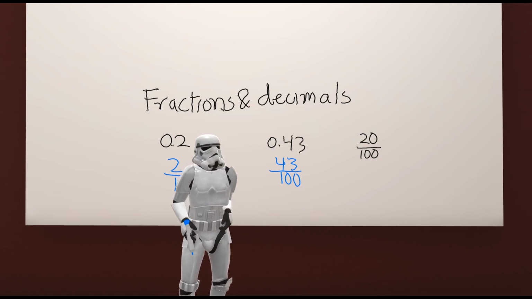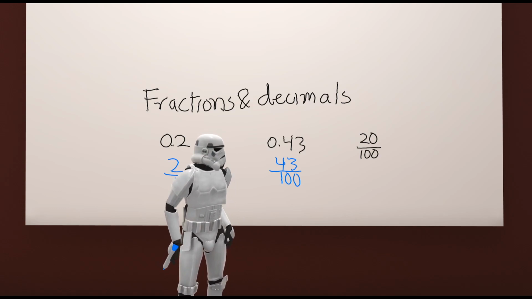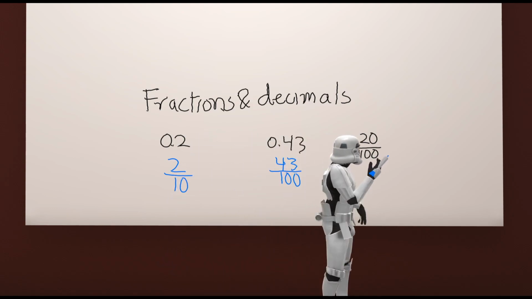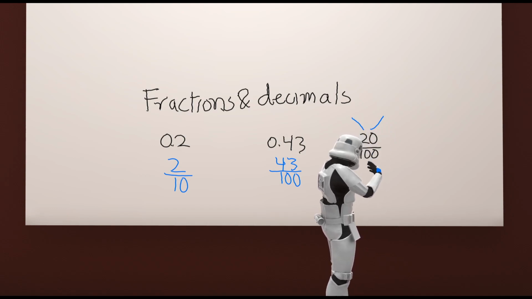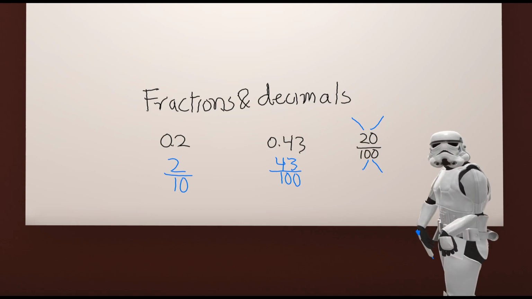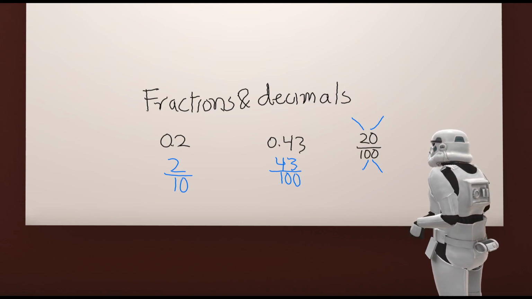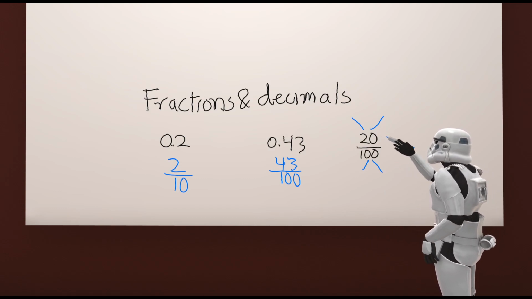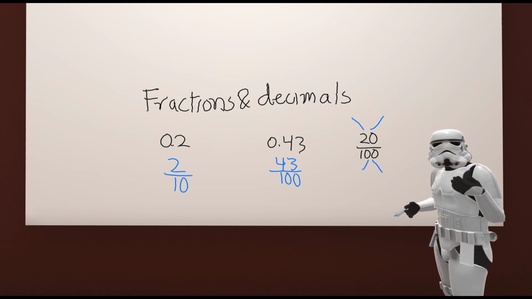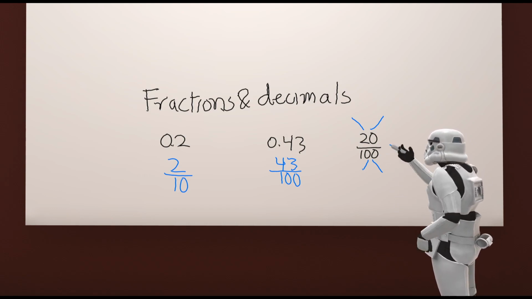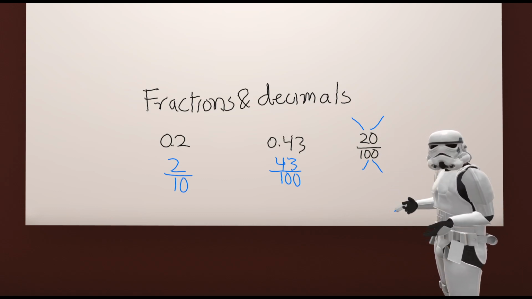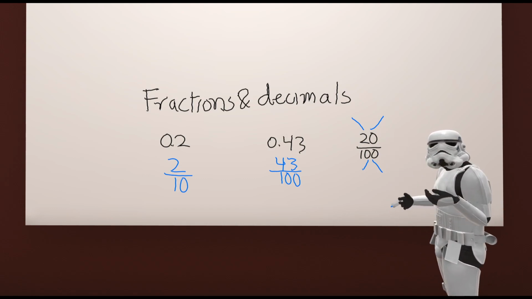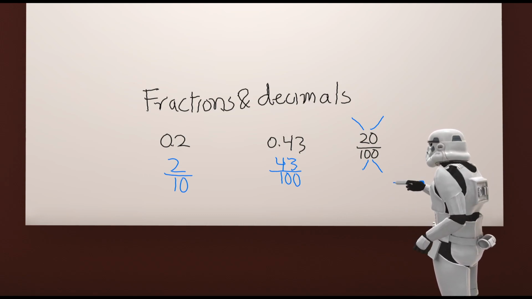So what we're going to do is we're going to give these two numbers what I like to call ears and legs. So we're going to give 20 a set of ears, and we're going to give 100 a set of legs. So we have 20 and 100. Now there's a number that fits into both of these. So what I do when I give my numbers arms and legs is I write down all the factor pairs, all the times tables for each one.